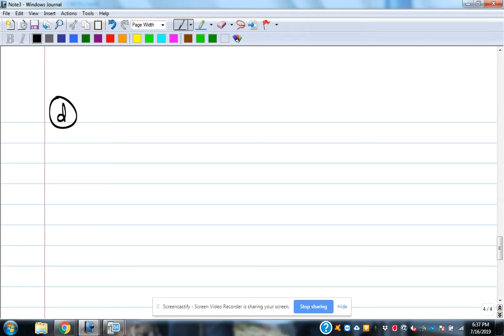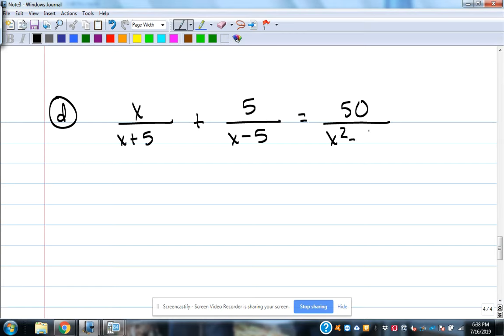So let's take this problem. Say x over x plus 5 plus 5 over x minus 5 equals 50 over x squared minus 25. Better yet, let's change that number from the 50 up top.